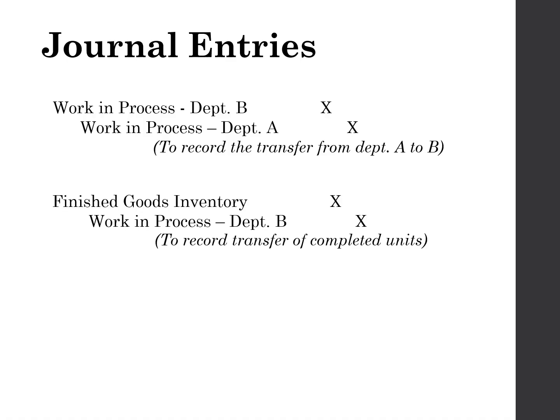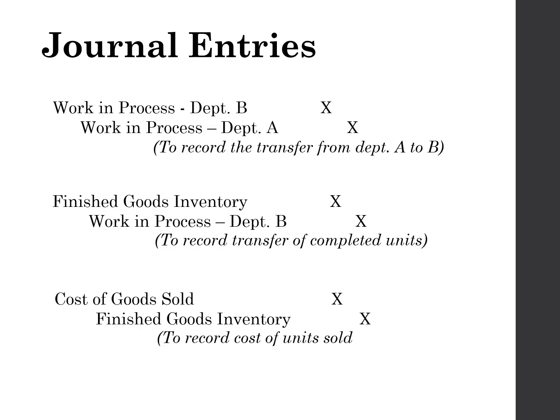The entry to record units completed is a debit to finished goods inventory and a credit for the department whose work is finished. The entry to record the cost of units sold is a debit to cost of goods sold and a credit to finished goods inventory.